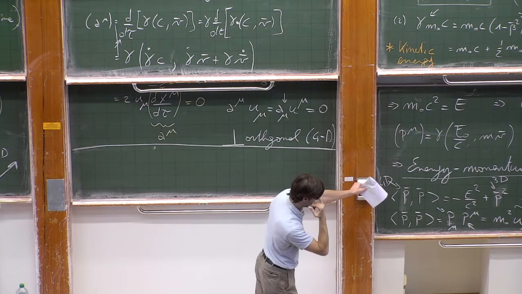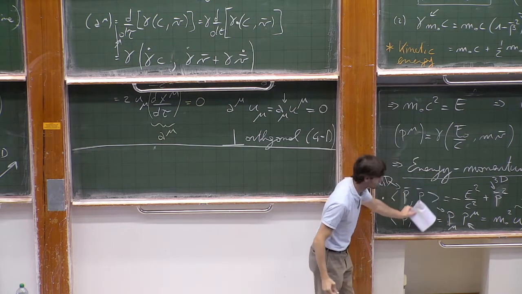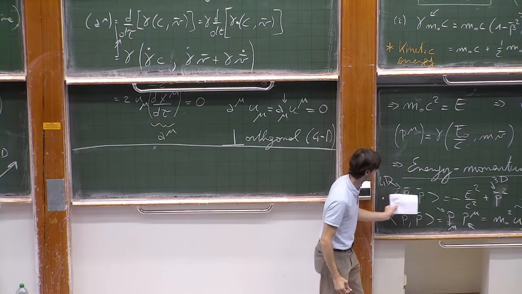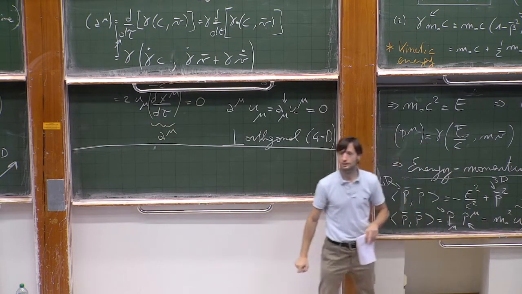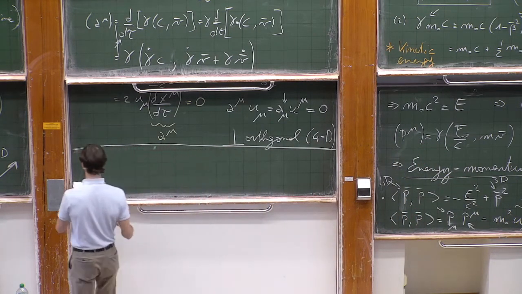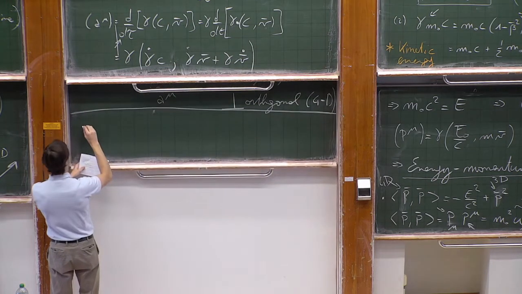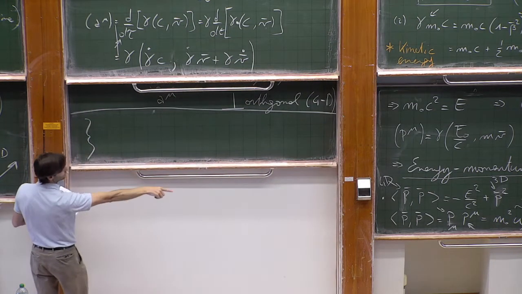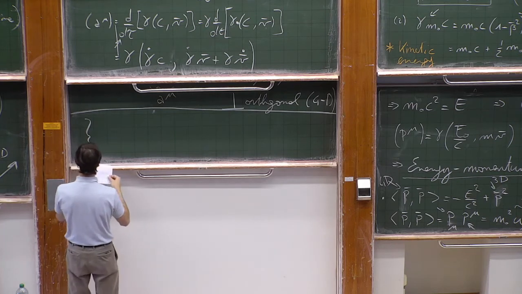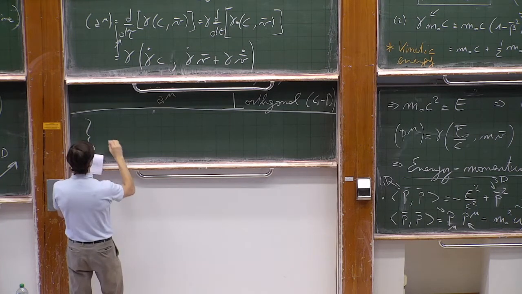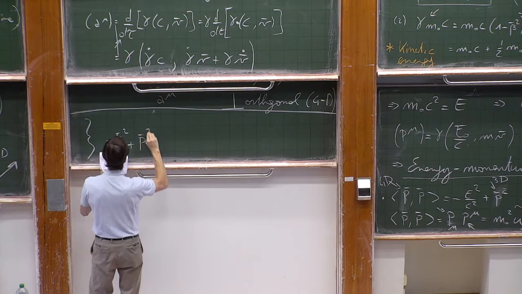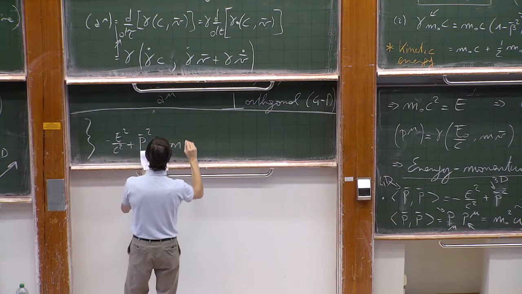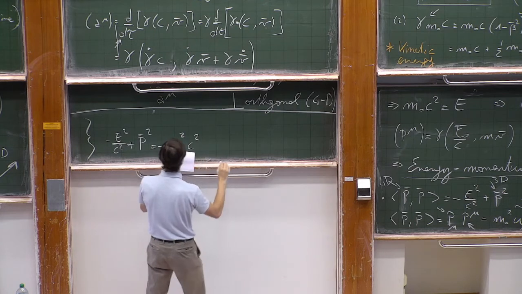Now that we have these two expressions, you see they are the same, because this is just the scalar product. Therefore, this must be equal to that. If we take the two expressions, we just have minus E squared over c squared plus p squared equal to minus m0 squared c squared.